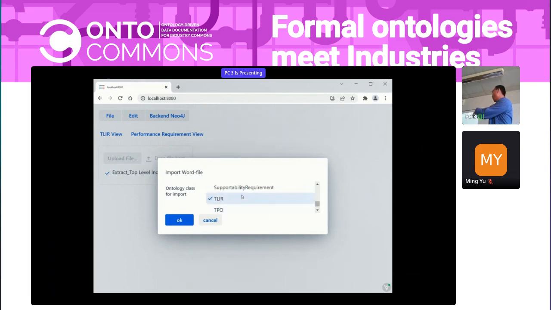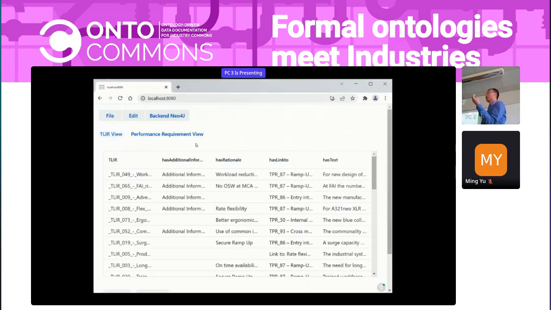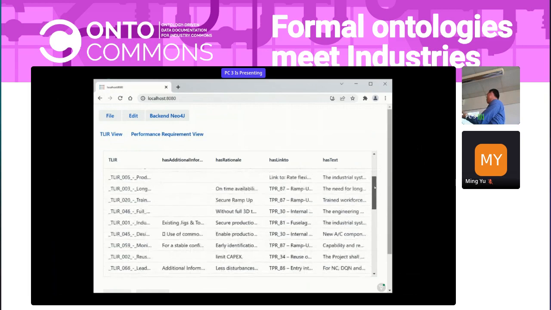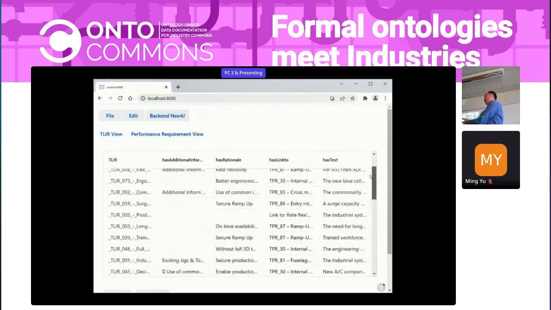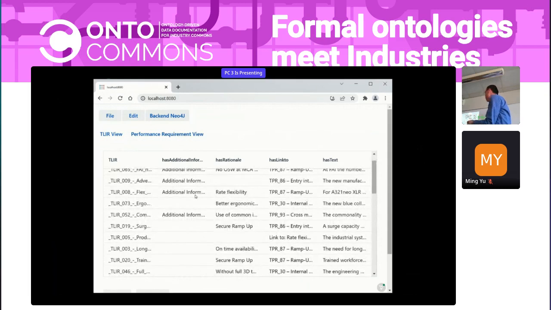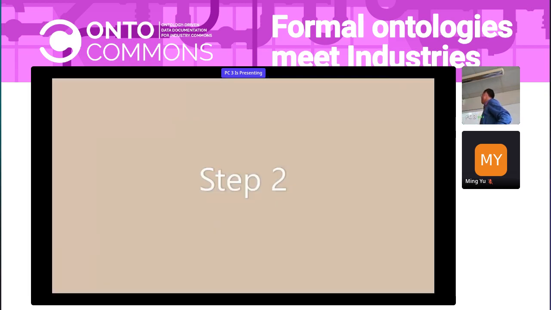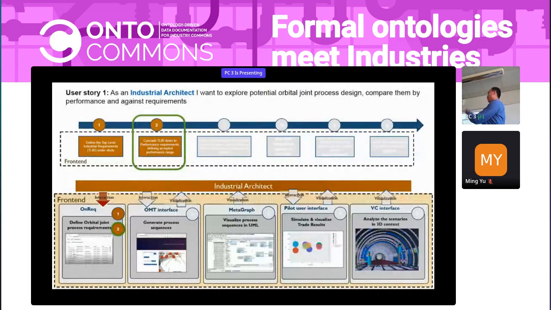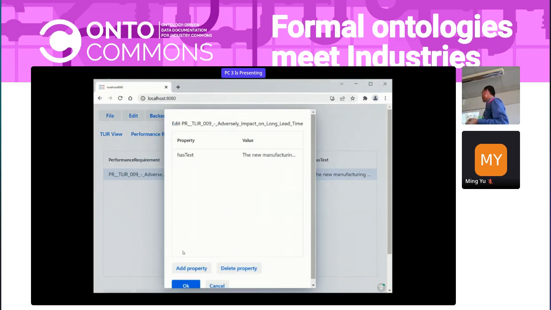So here the architects define the industrial requirements, and we used off-the-rack software to import. Then, of course, you can modify and reconfigure any of these requirements, and then it's integrated into the graph database.